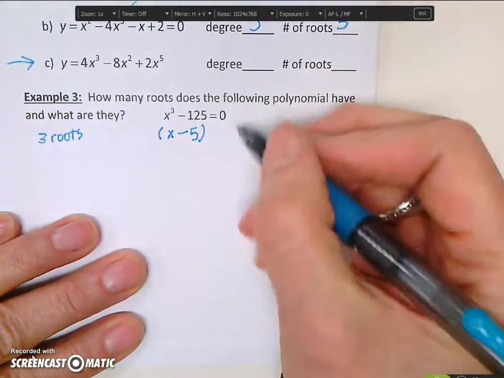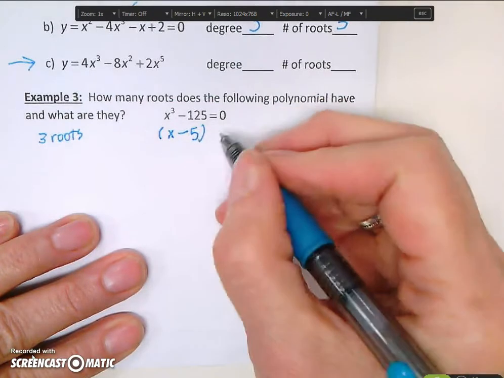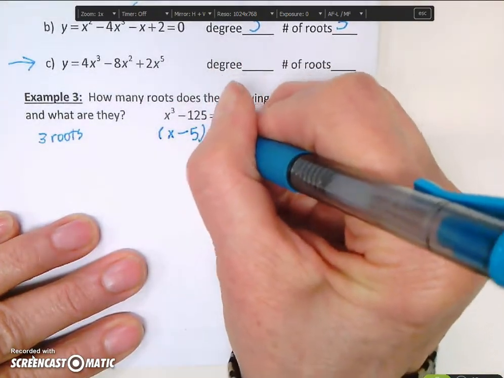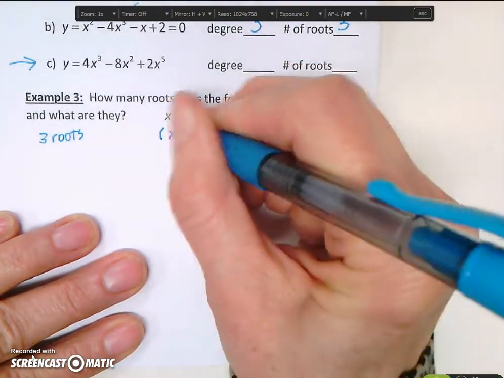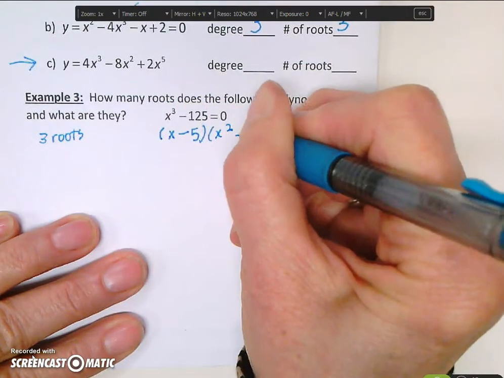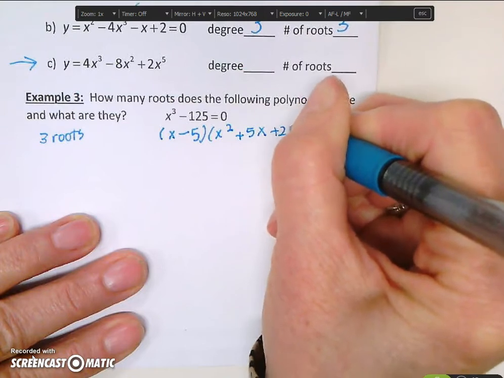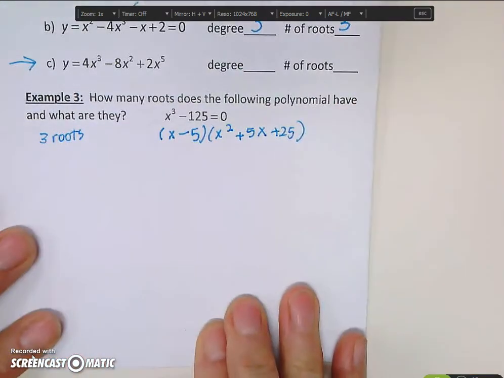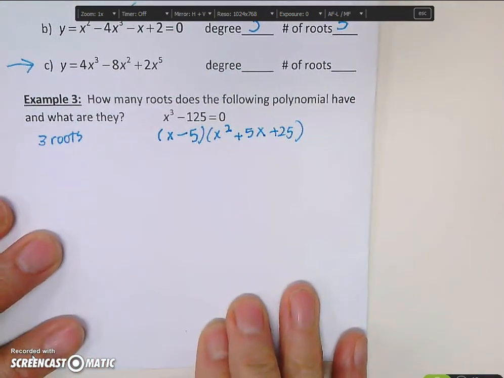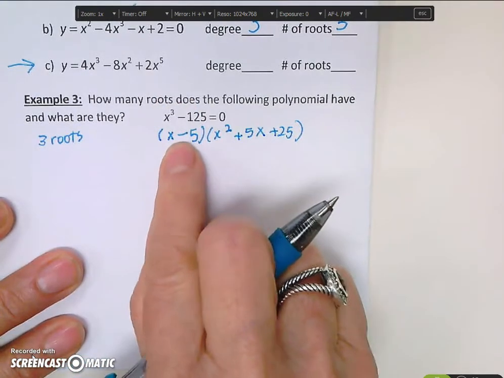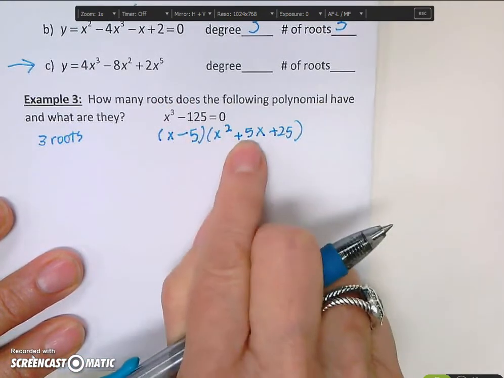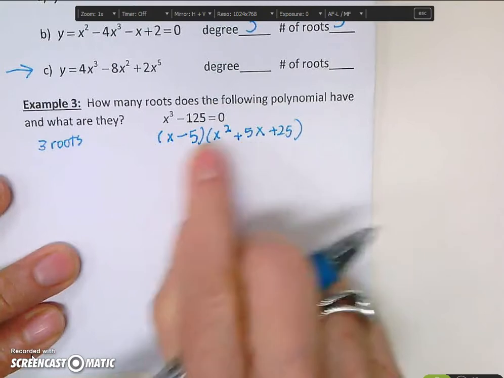And then you may remember how the next one goes, where it's the first one squared, so x squared, then opposite sign, multiply 5x, and then plus 25. If you didn't remember how to do that, the nice thing now is with the synthetic division, we can divide and find the other one. So let me just do that.